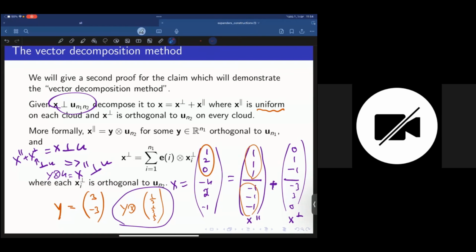Because the big vector x parallel is perpendicular to uniform, it means that the sum of entries is 0, and the sum of this is the same, up to maybe normalization, as the sum of these entries. Just do the scalar product.